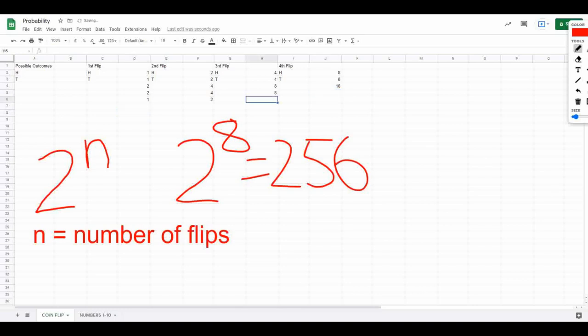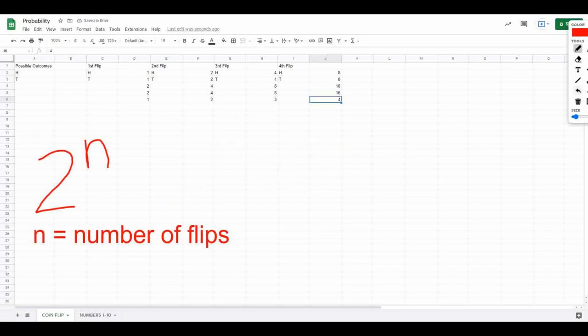If I undo this, I can actually generalize this formula for not just a coin flip, but for any other number of outcomes, essentially. So by generalizing this, I can now go x to the power of n, and all I need to add to this is that x equals the number of outcomes on, I guess, turn 1.